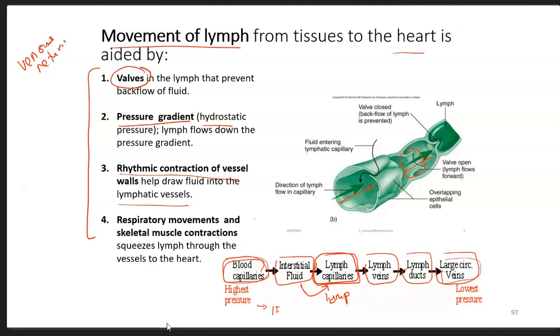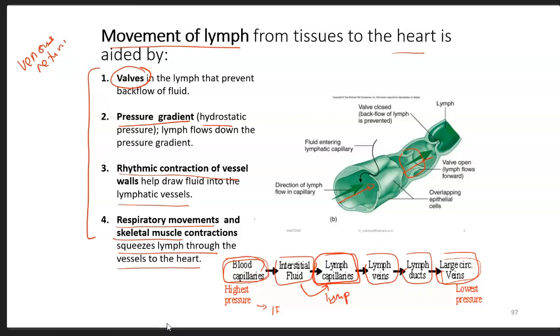Okay, so and then the fourth factor is respiratory movement and also skeletal muscle contraction that squeezes lymph through the vessels until it reaches the heart.